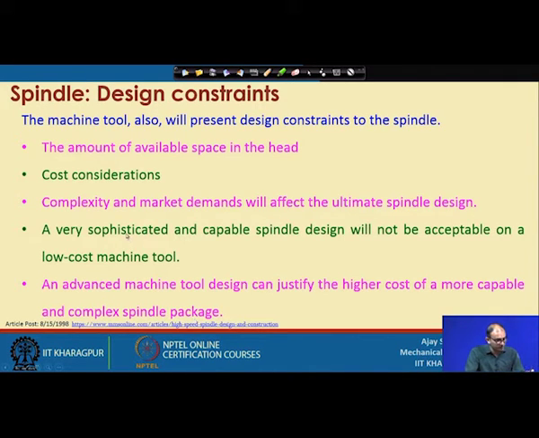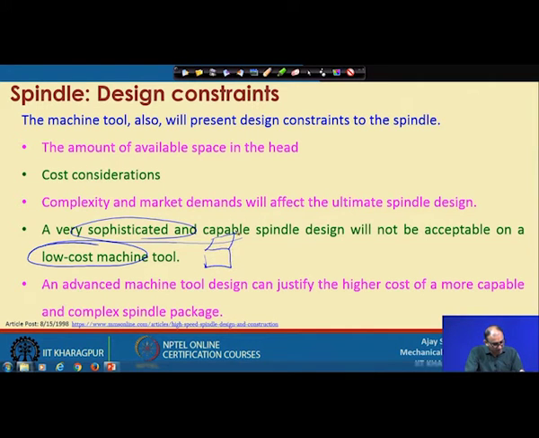But if you put a sophisticated spindle in a low cost machine tool, cut a component, and finally find the dimensions are not as per the required drawing, then there is no way of getting satisfactory work out of it. That means you have to find an advanced machine tool also, and only then can you find a suitable spindle design for it.